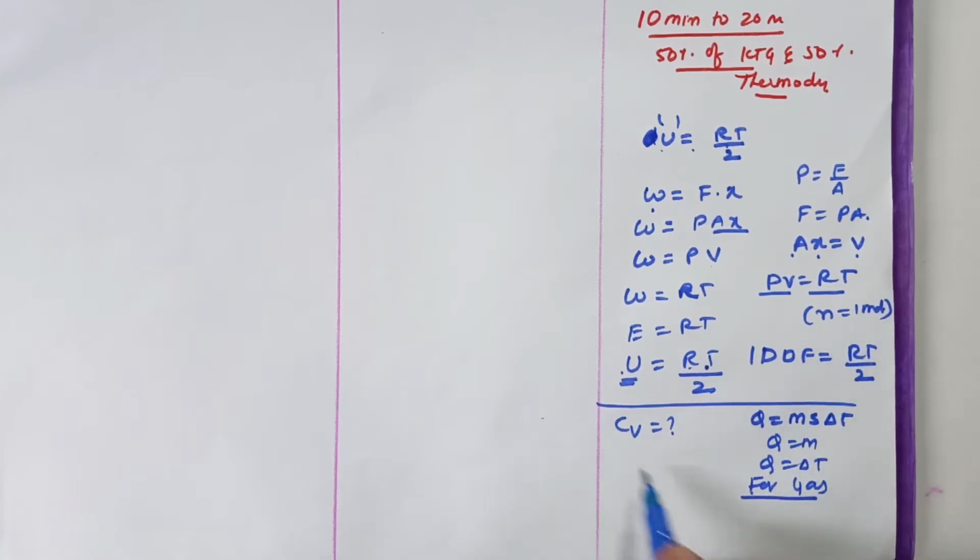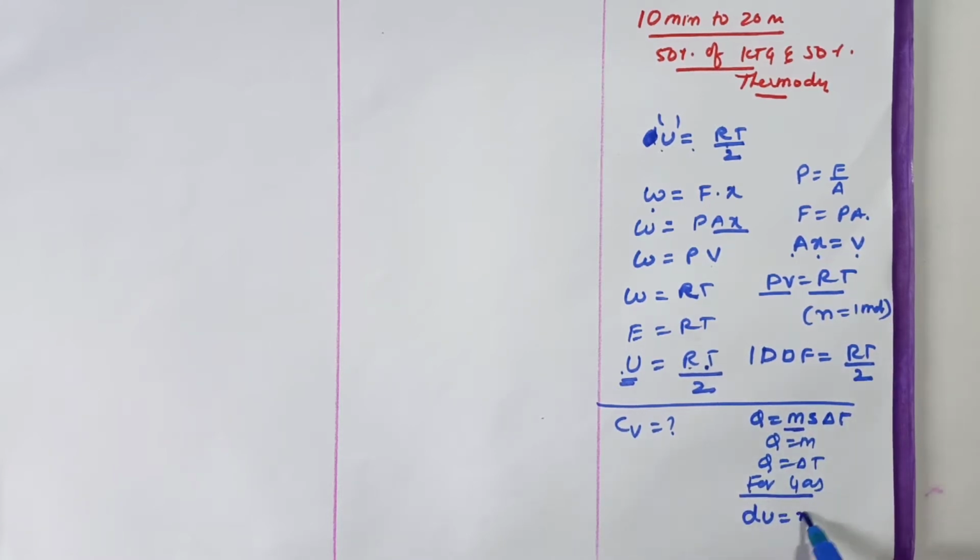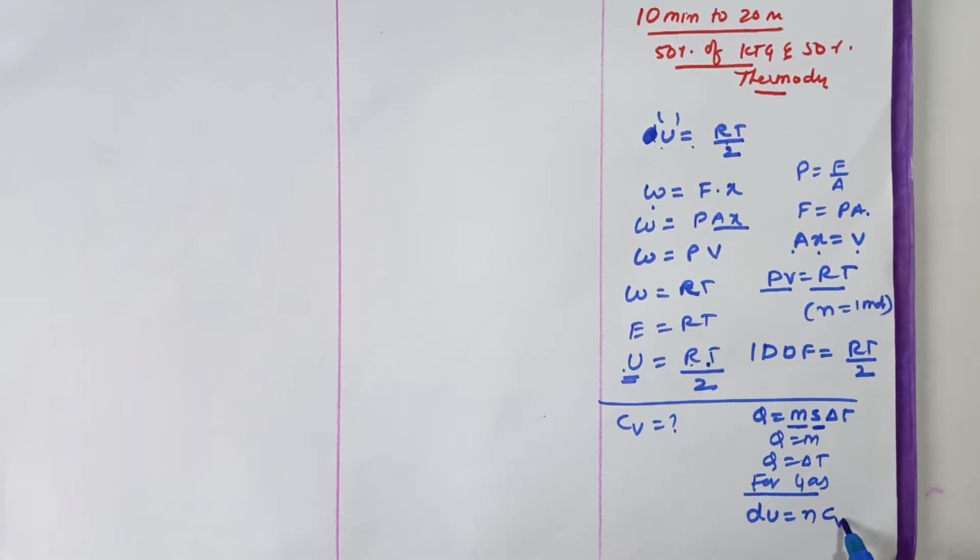If you consider the internal energy of a gas, it can be taken that dU is equal to, instead of taking m, you have to consider n. Instead of taking s, you have to consider specific heat at constant volume. And instead of delta T, you need to consider dT here.